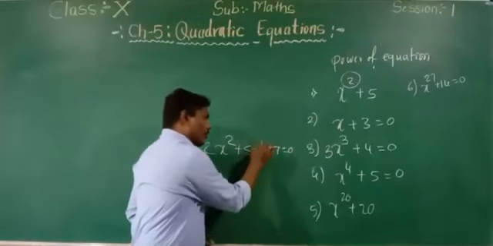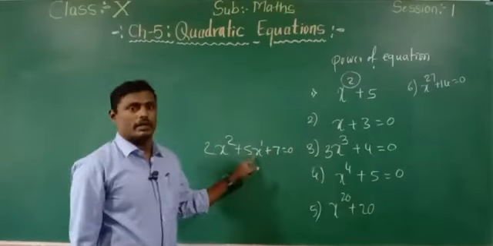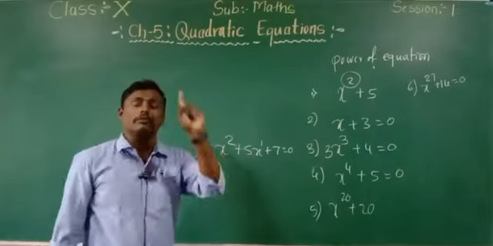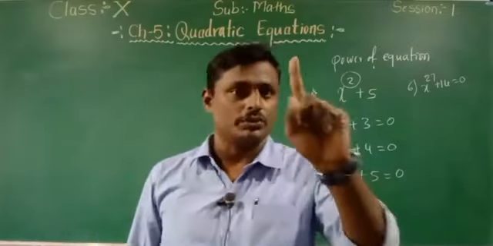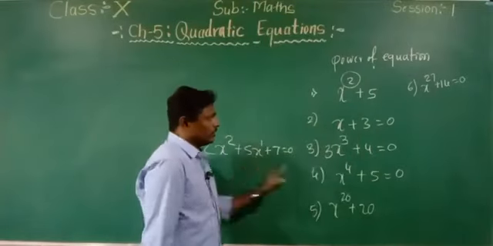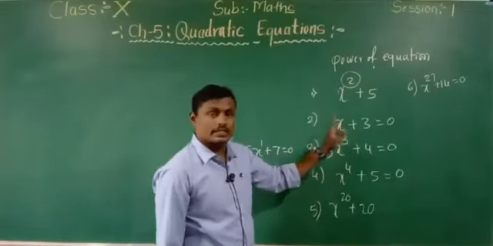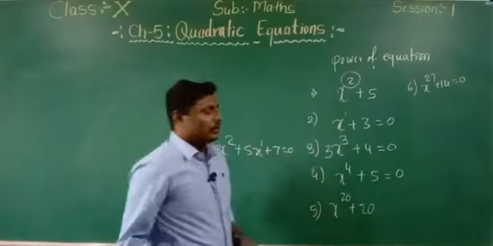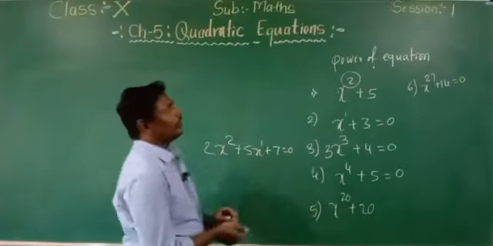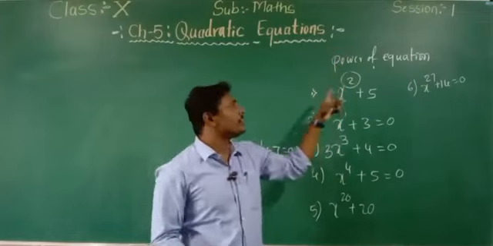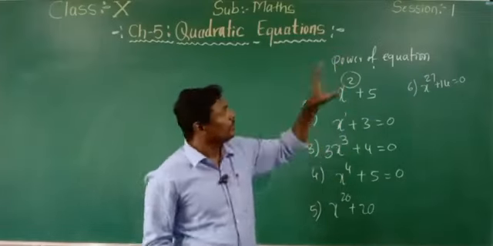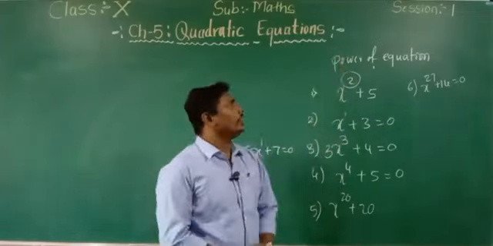If I take one variable, its power is always equal to 1. Here the power of x is 1. So power of equation means the highest exponential value. The highest exponential value is called the power of the equation.